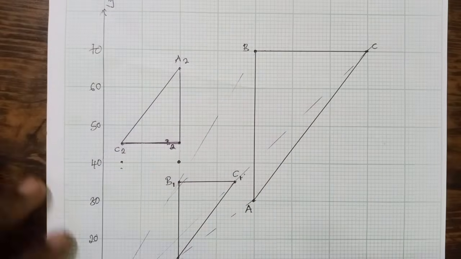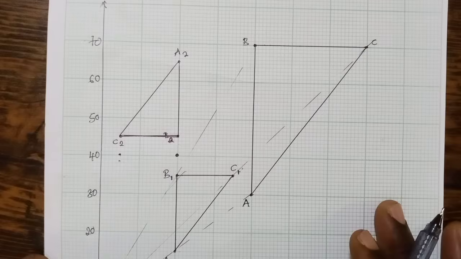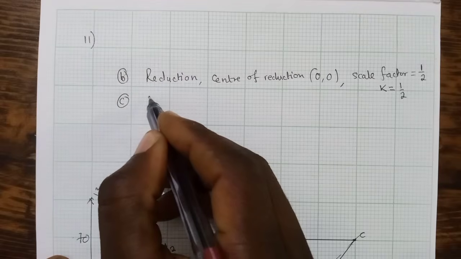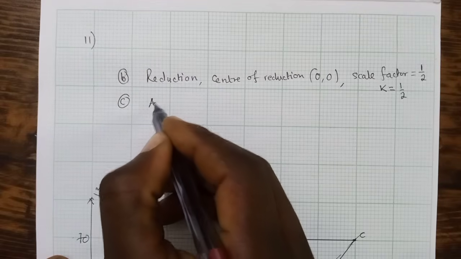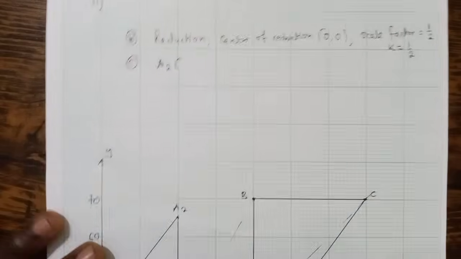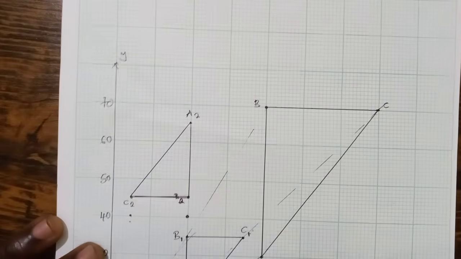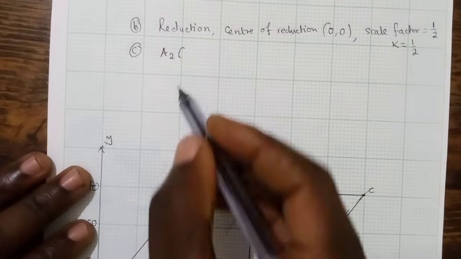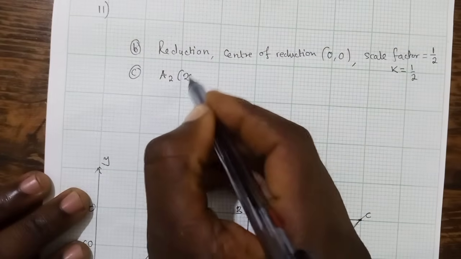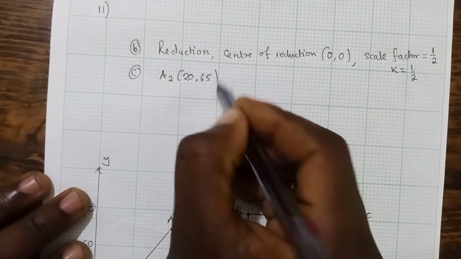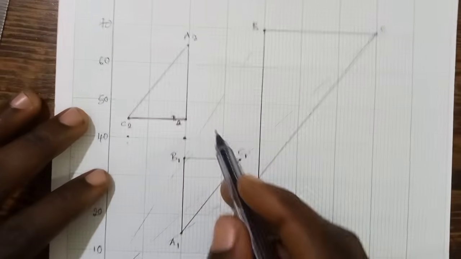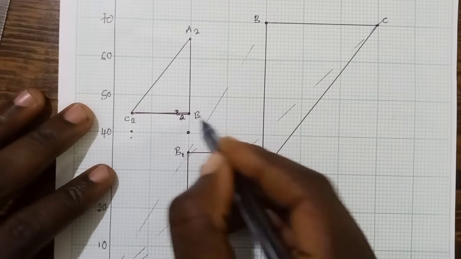So now we need to get the coordinates, because they said determine the coordinates. So for C, we'll start with our A2. Our A2 is 20,65. We go to our B2. B2 is here.